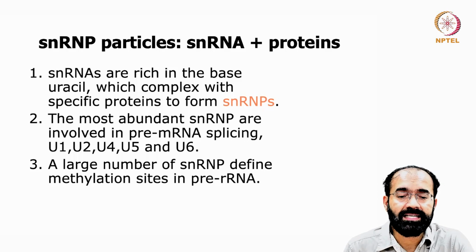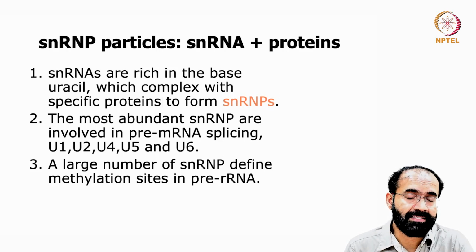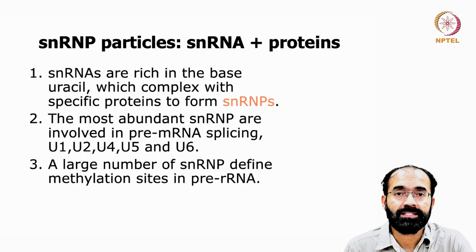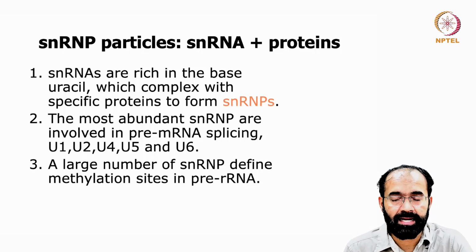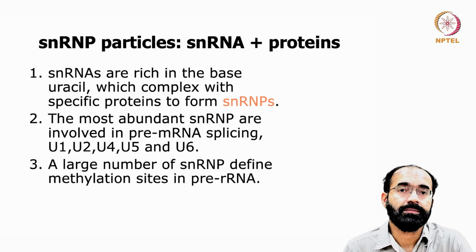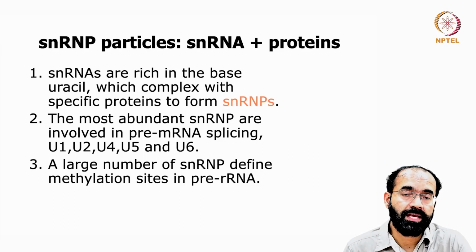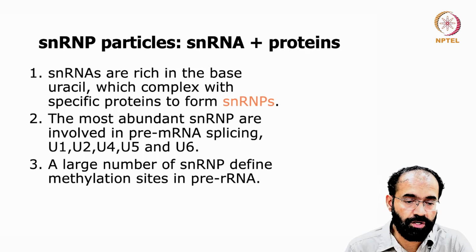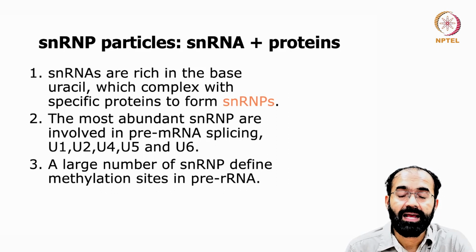And snRNA is also another example of these RNPs, that is, these are spliceosomal RNA. We call it snRNA, and they are not mRNA. Their role is to help in the splicing. So they are encoded as separate genes elsewhere in the genome. snRNAs are rich in the base uracil, which complex with specific proteins to form snRNPs.